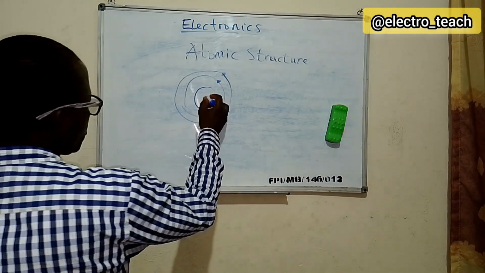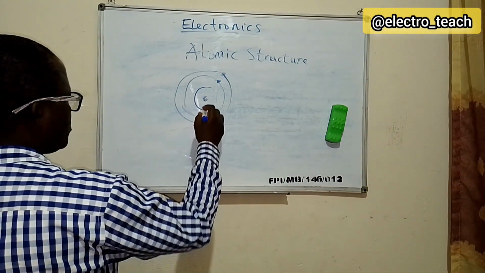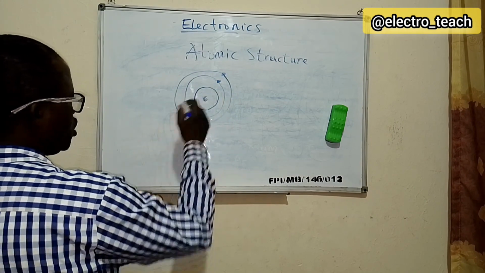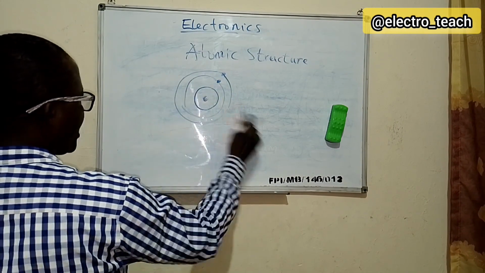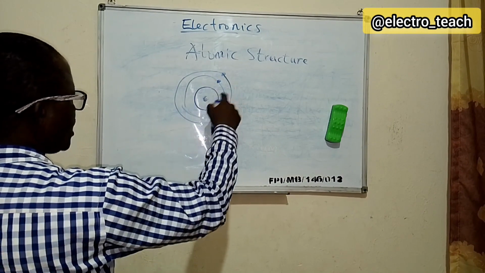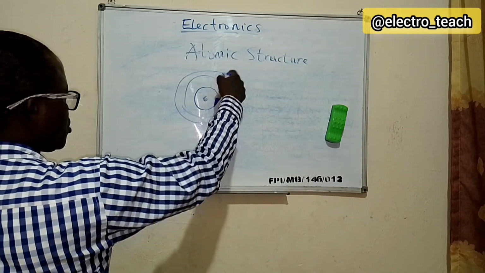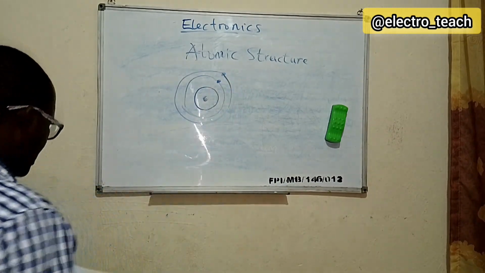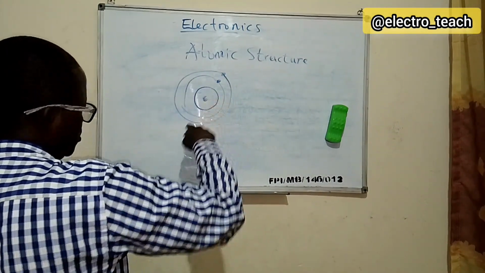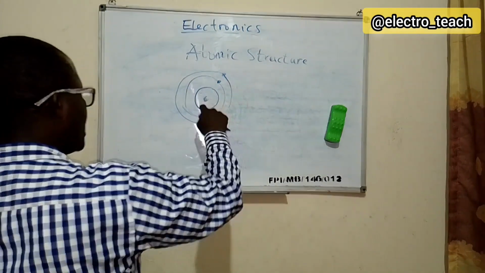So the nucleus also contains materials called proton and neutron. Neutron is neutral in charge, but proton is positively charged. Electron is negatively charged, and so there's a kind of force of attraction between the nucleus and the electrons. And the farther an electron is from the nucleus, the lower the force of attraction between that electron and the nucleus.